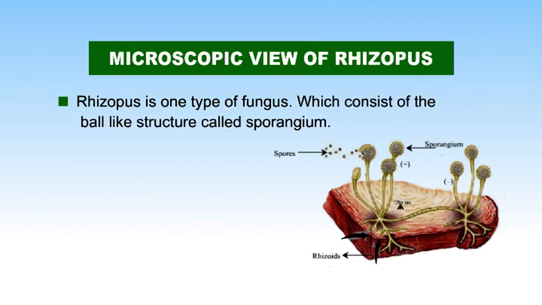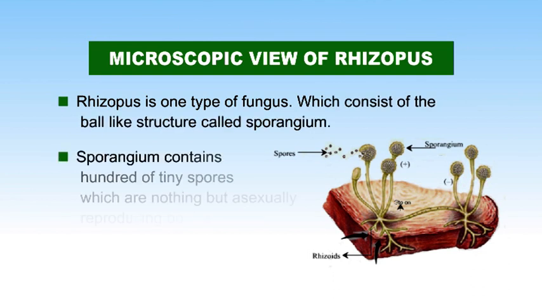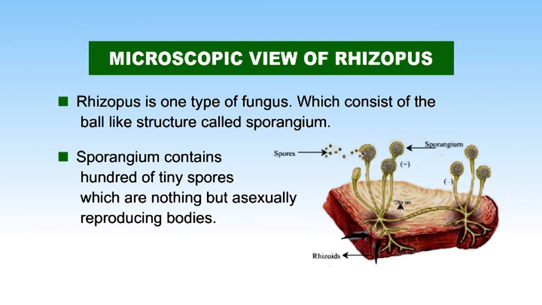This is the picture of rhizopus, which is one type of fungus. The rhizopus consists of a ball-like structure called sporangium, which contains hundreds of tiny spores.